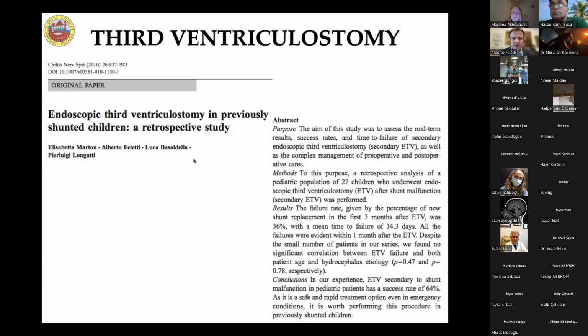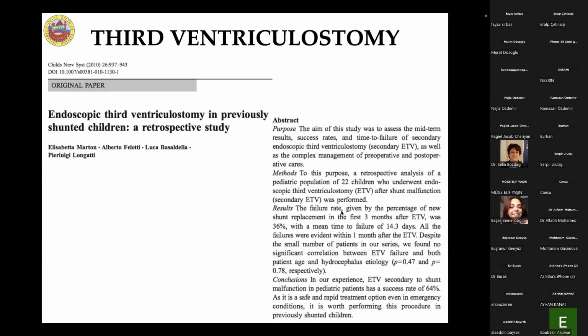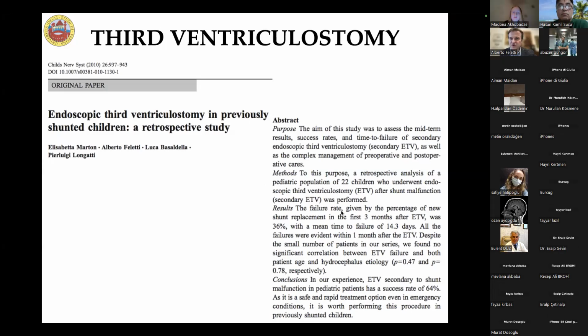Our group, but also many other groups, published the possibility to use third ventriculostomy in those patients who were operated during childhood for a VP shunt and who are admitted later on with a shunt malfunction.